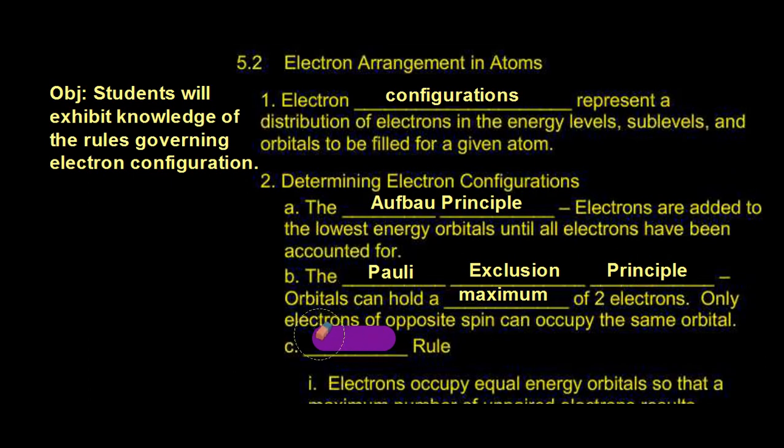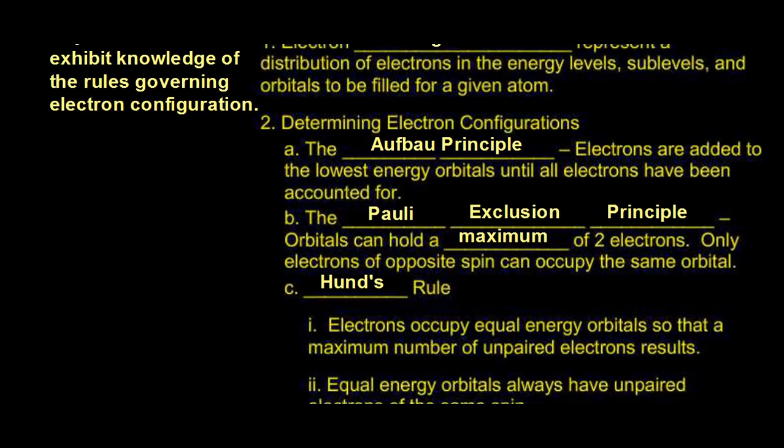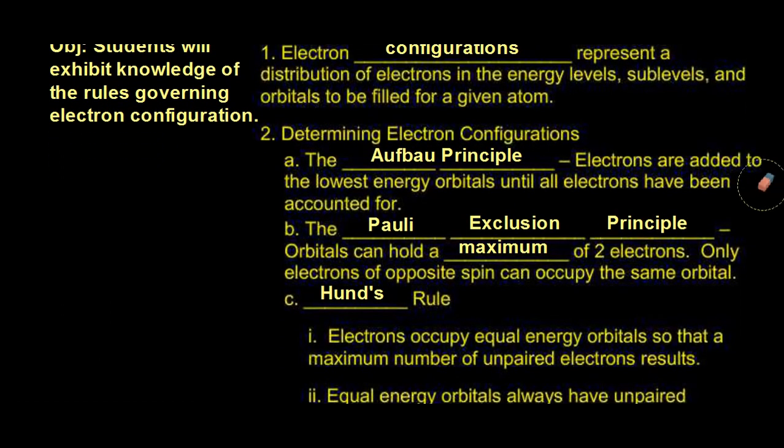Okay, the third rule is called Hund's rule. And his rule is this, that electrons occupy equal energy orbitals so that a maximum number of unpaired electrons result.